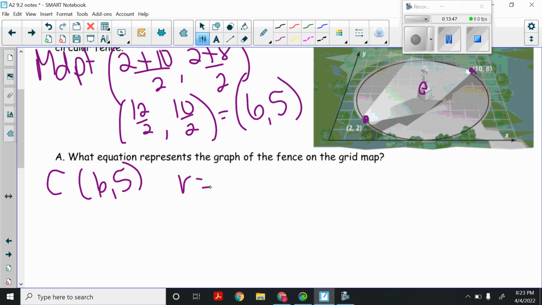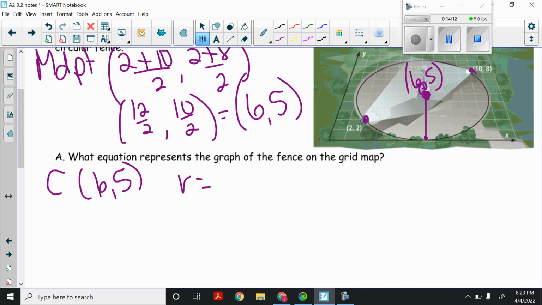So now I have to find my radius, okay? My radius is how far I am out from the center to any point on my circle. So if I know that this is the point (6, 5), I want to go straight down.